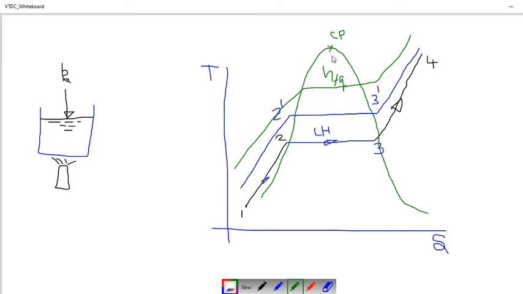So we can refer to the steam table for getting these values.